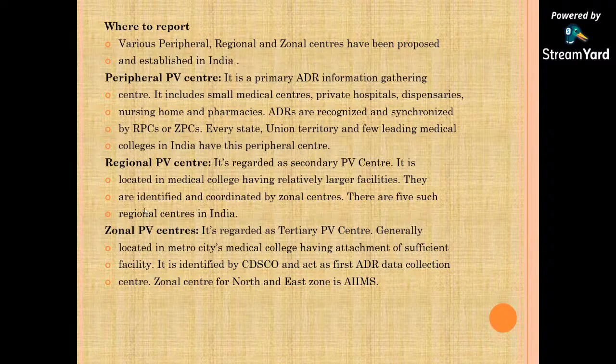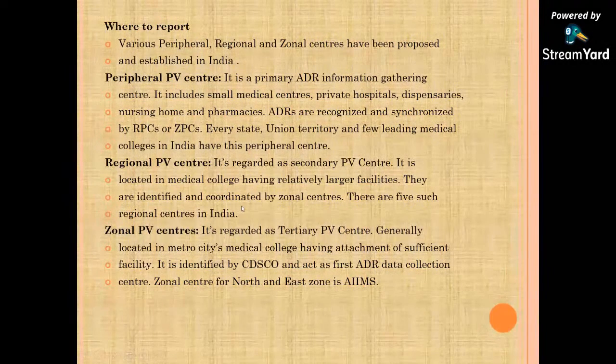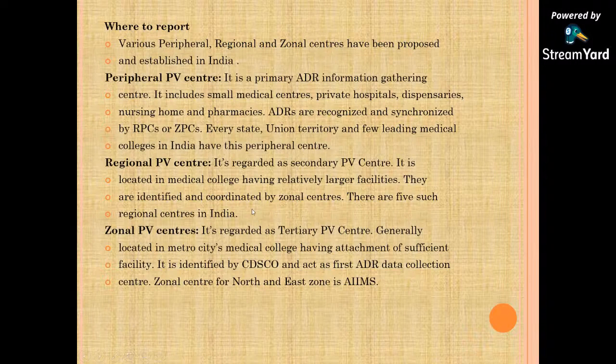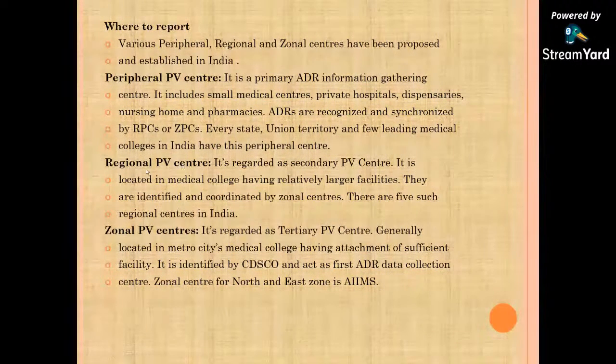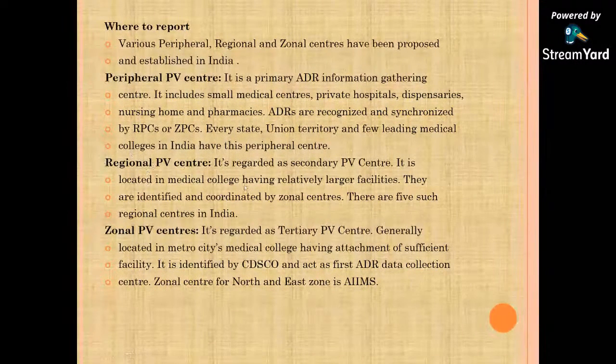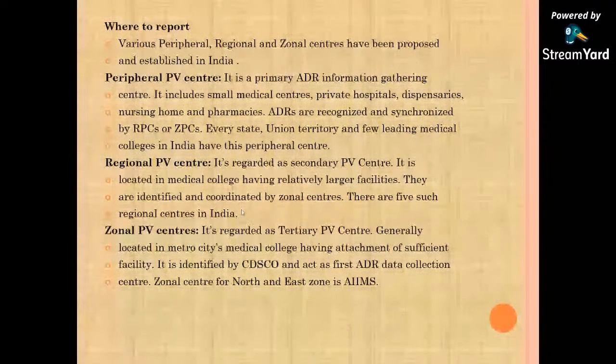They are identified and coordinated by the zonal center, and there are 5 such regional centers in India. Regional centers are also called secondary PV centers, and they are situated in various medical colleges of India. The zonal center coordinates the regional centers.